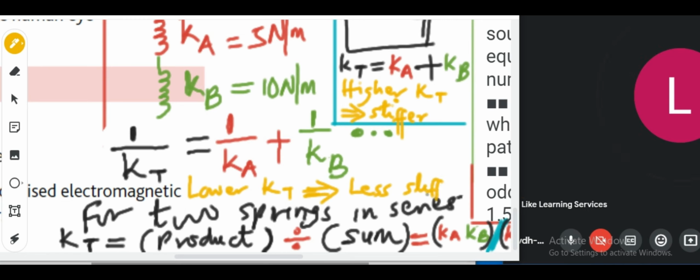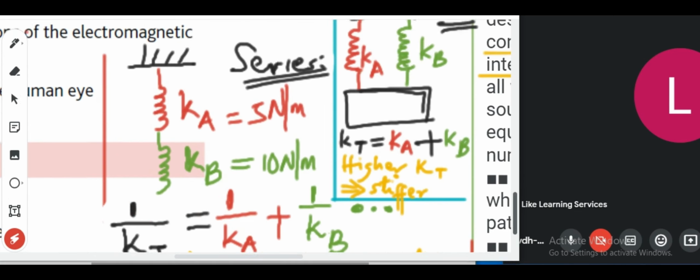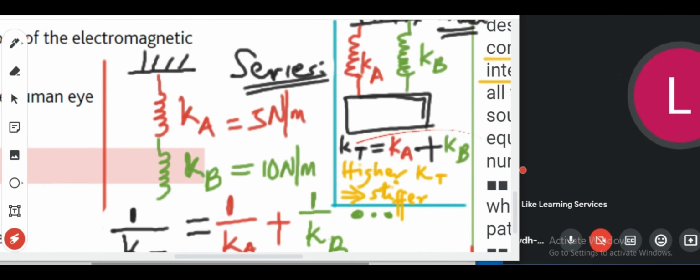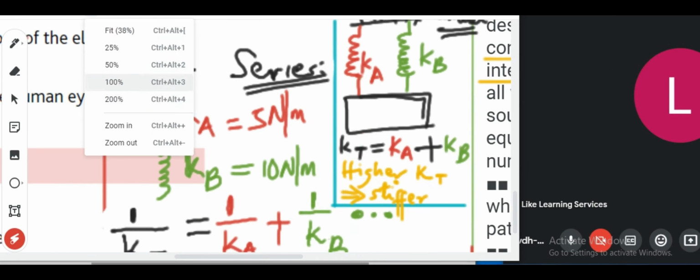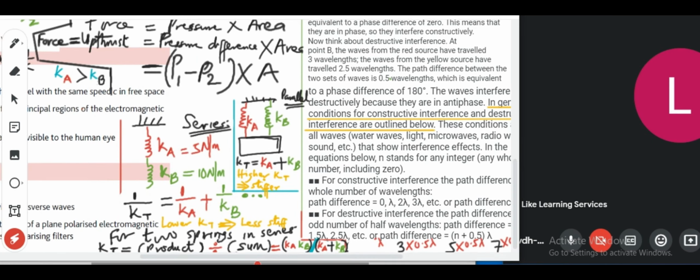That's for series. Lower K total for series will be less stiff when in series. Higher K total for parallel means more stiff, or stiffer. So this is the way it will be when these springs are connected in this way.